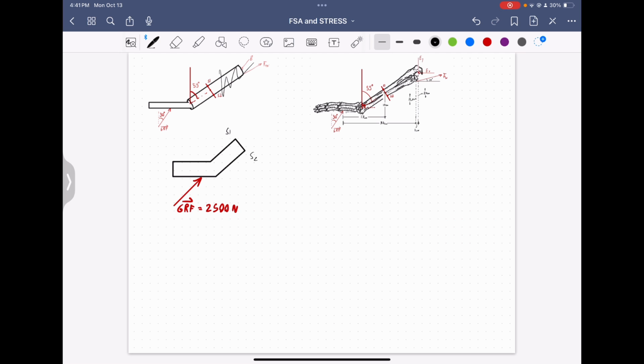We are given the orientation of it, which is 30 degrees, and we're also given the orientation of this bone, the forearm, which is 55 degrees. I'll draw that. 55 degrees. And we want to find the normal force.